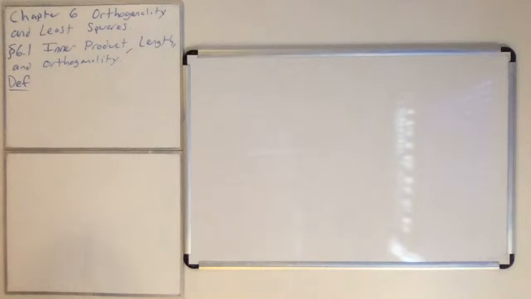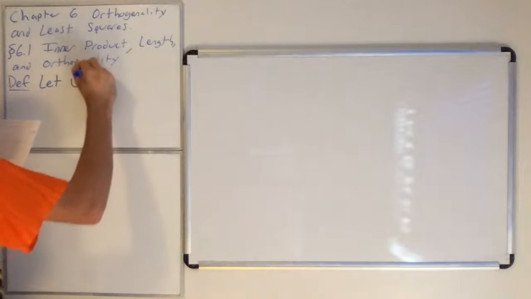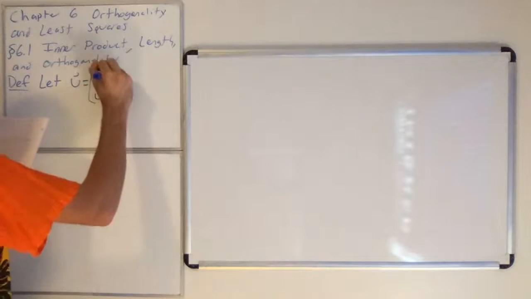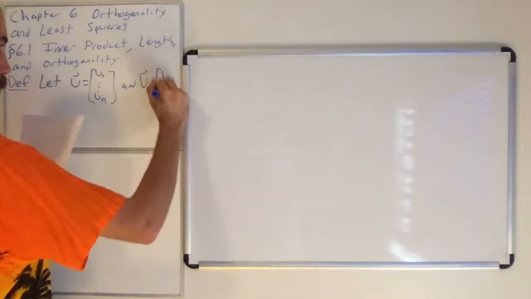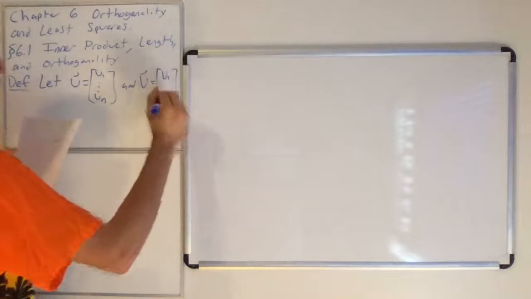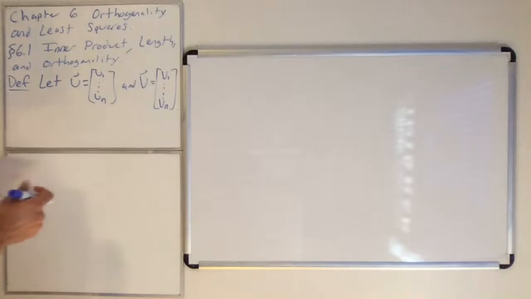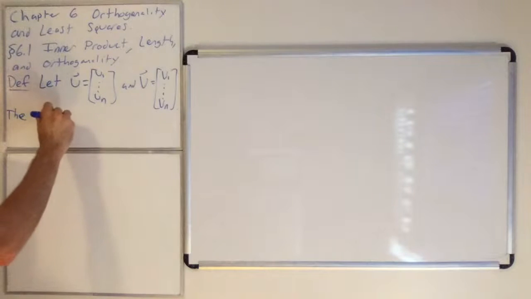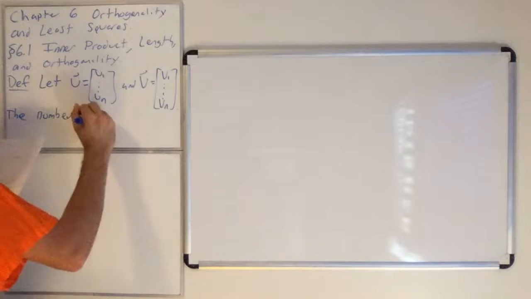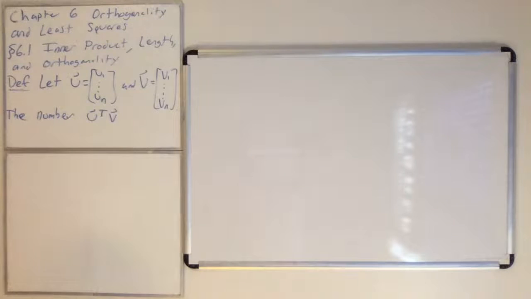Okay, so we'll start with the definition. We have two vectors living in the same space, Rn. The definition is the number that you get when you multiply U transpose by V, and this will not be our normal notation, but we'll start with this.